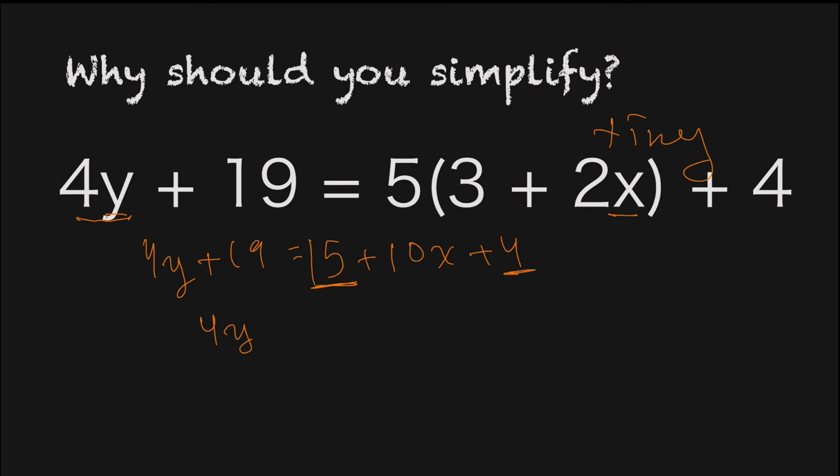So 4y plus 19 is equal to, oh wow, this is not actually 19, too. 19 plus 10x. And now we can subtract 19 from both sides, because luckily both of these sides have a 19. So we get 4y is equal to 10x. And then if we just divide both sides by 4, we get y is equal to 2.5.